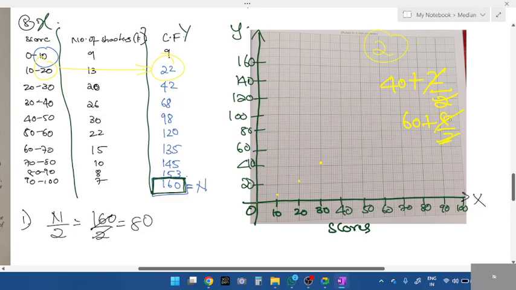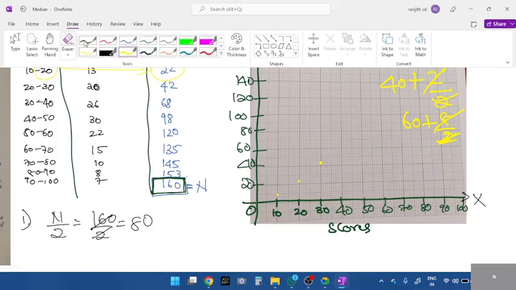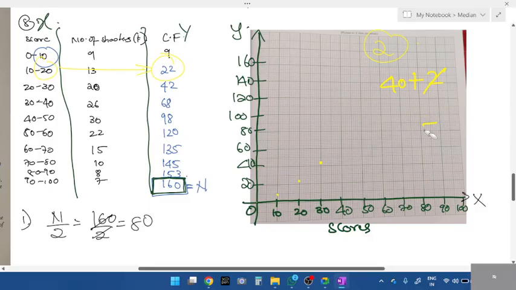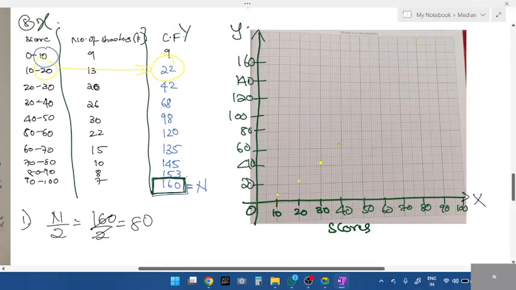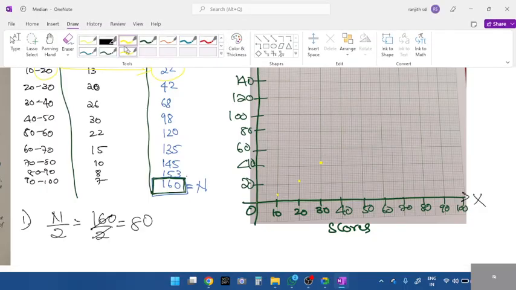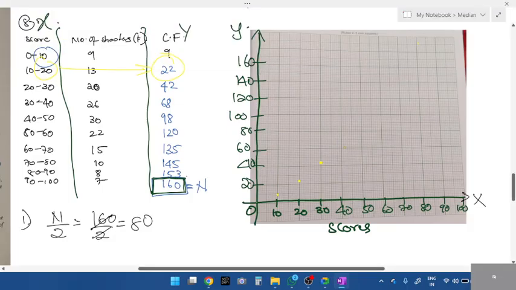Take 60, divide that 8 by 2. You get 4. So it is 60 plus 4. With full confidence, you give wrong answers. You understood the calculation, right? 60 plus 4. Count 4 lines, students.